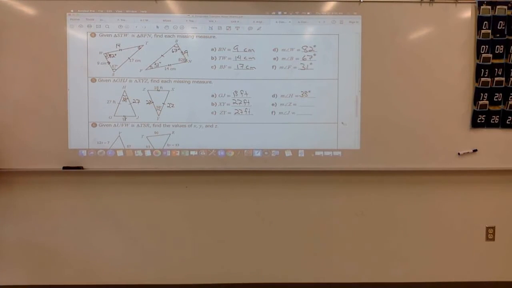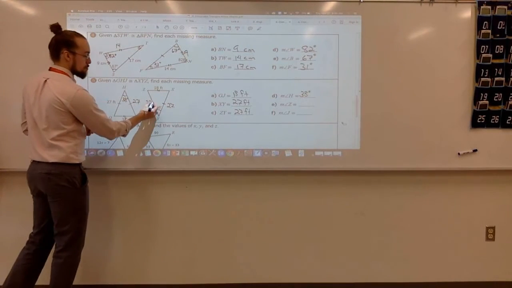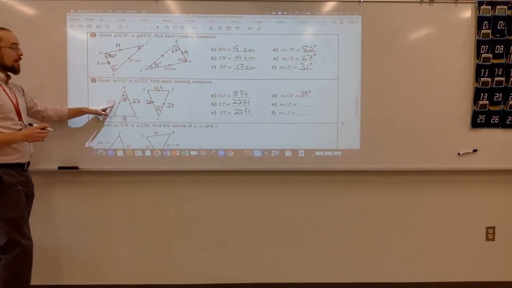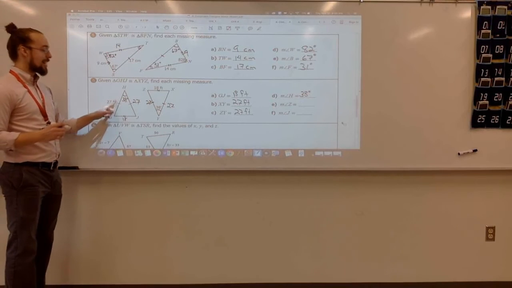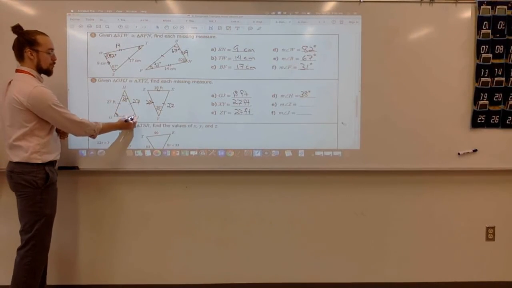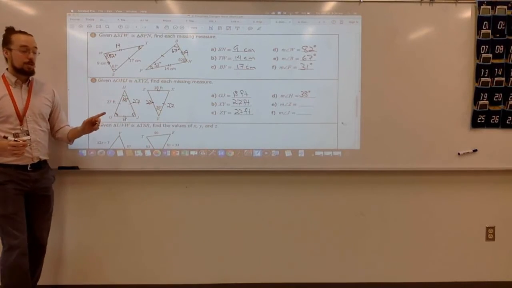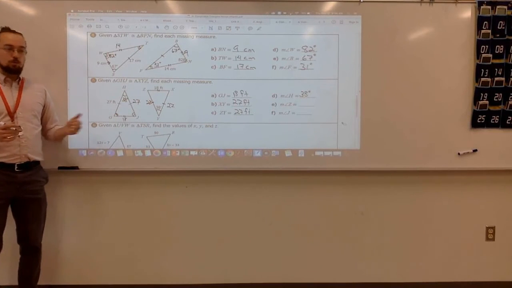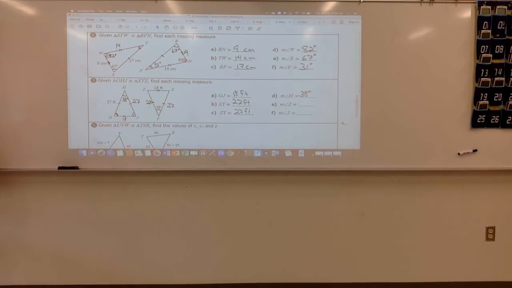So this is actually a small idea that we haven't quite touched on yet. But if I know these two sides are the same length, the angles opposite them will be the same. So if these two sides are the same, these two angles will be the same as well.